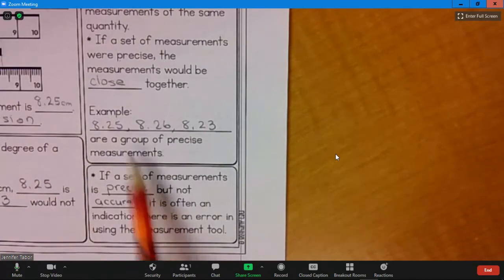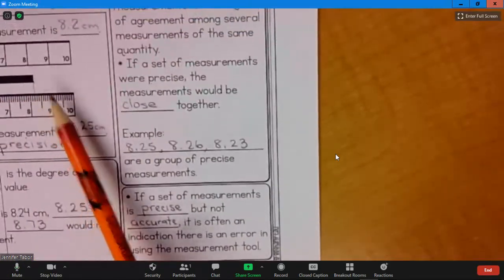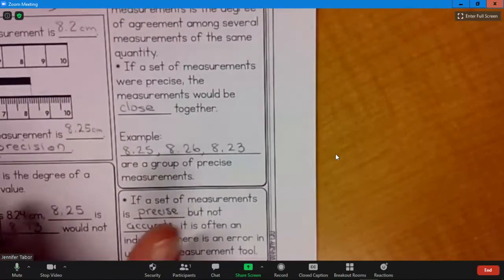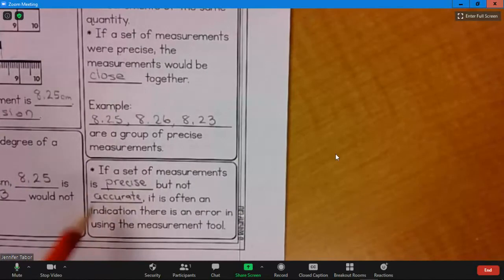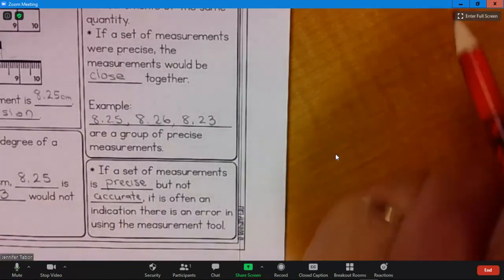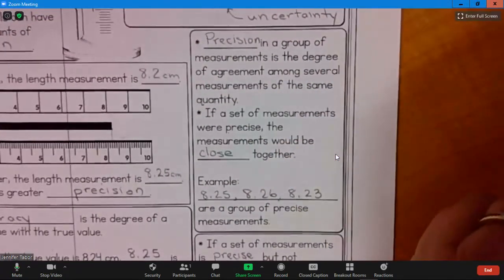So they're all the same, but they're not accurate. It's really 8.2. So your measuring tool might have some problems, right? If all your answers are close together, but they're not right, then there's something wrong with the measurement tool. All right, so just a little bit about measuring. We will be doing lots of measuring in class, so it's important to know some of this stuff.